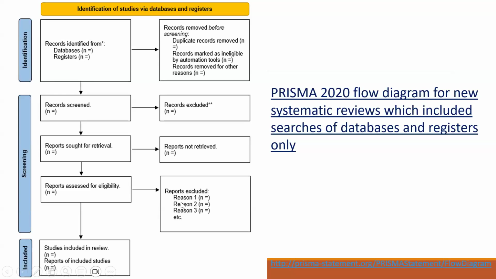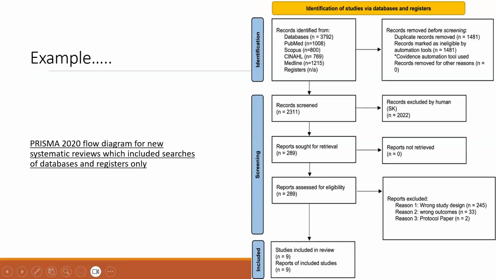So you can write the exact reason why you excluded those studies. Next is studies included in the review, how many studies you have included. If you are including only reports in your study, you can also mention it as reports included in your systematic review. This is one example which you can quickly go through.